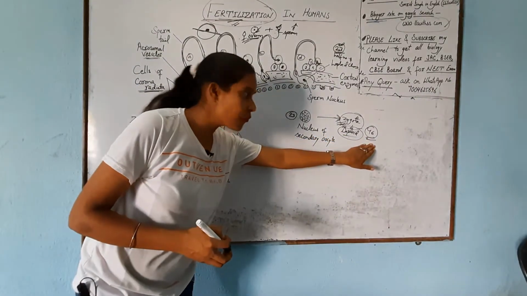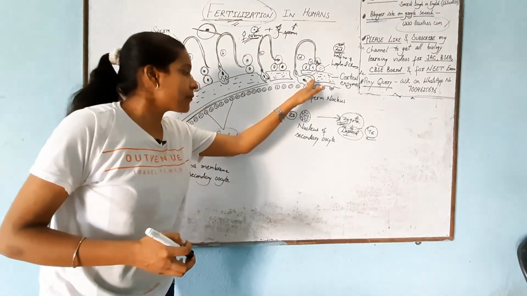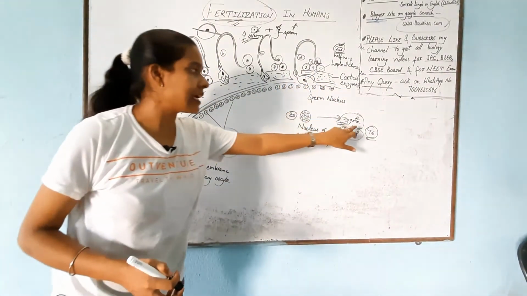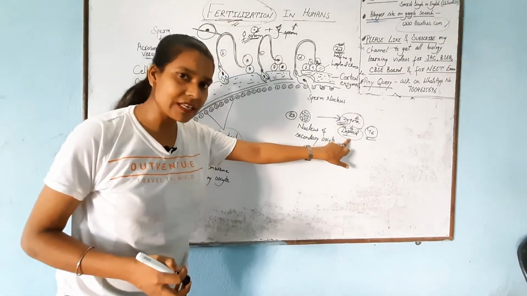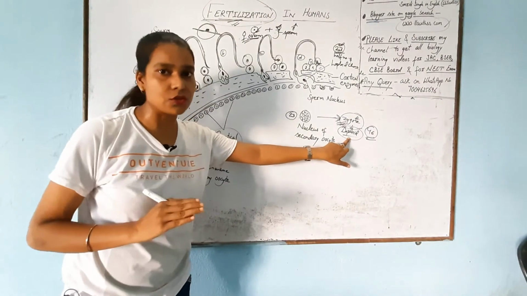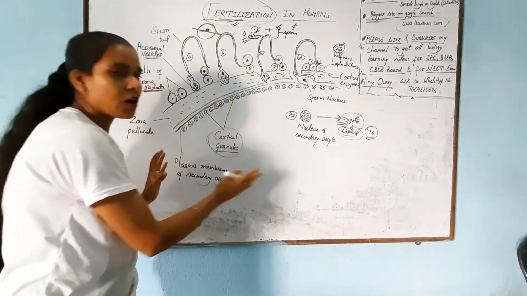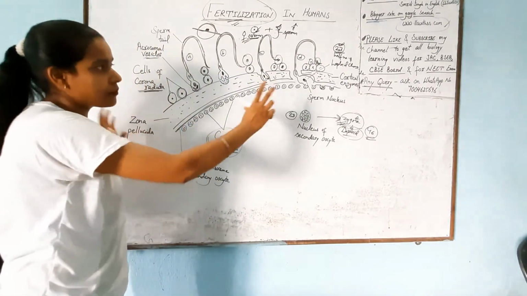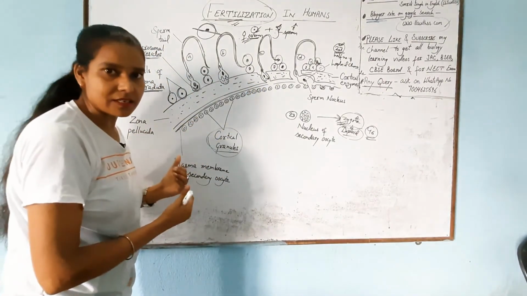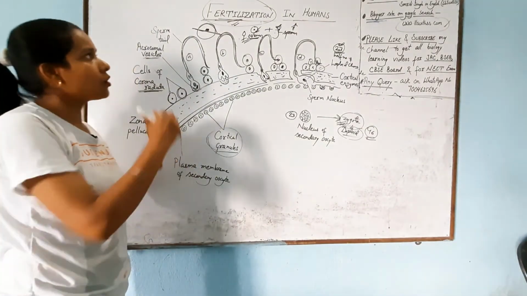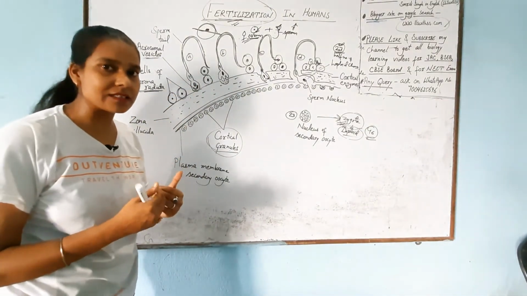Whenever the male gamete fuses with the female gamete, it makes the zygote, which is diploid in nature, meaning it has 46 chromosomes, and this whole process is fertilization. This is how fertilization occurs in humans. This diagram shows it, and I explained how fertilization occurs in humans.